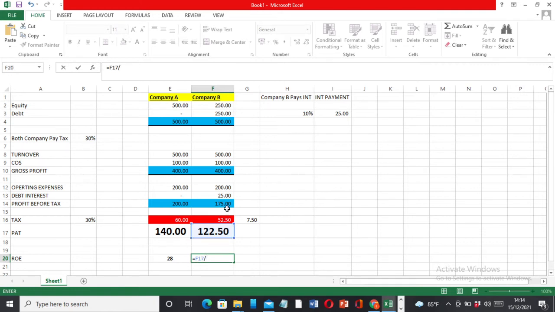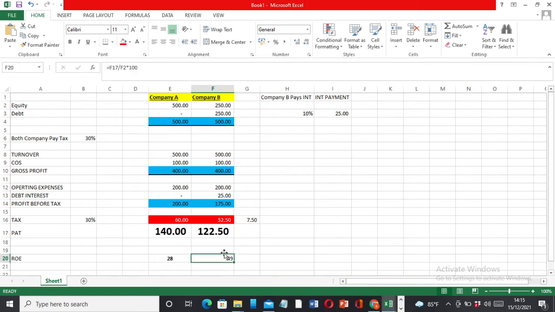Is it 500? 250? The shareholders fund is 250. That's the equity, the money the shareholders put in the business. You don't want to take the total 500 because this is debt. So net profit divided by the shareholders funds, multiplied by 100.